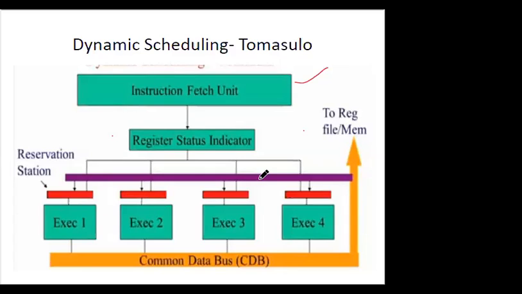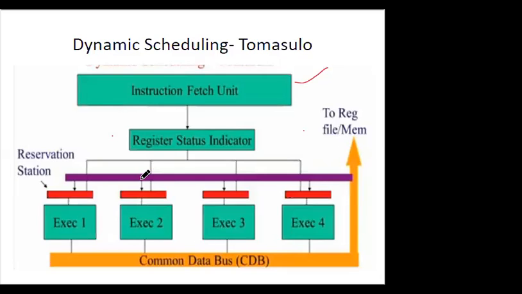As this R1 value is produced, first of all this instruction will be carried out and placed on this common data bus. When it is placed on the common data bus, it goes to the register set or the memory, but one copy is also transferred to this common bus.